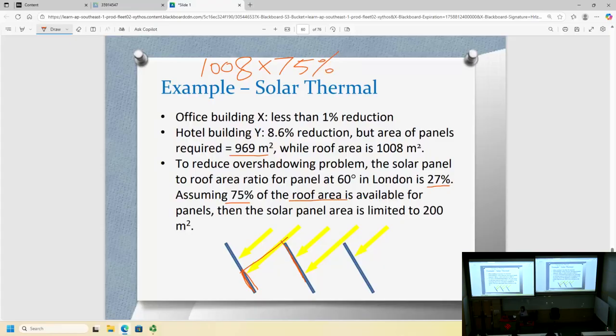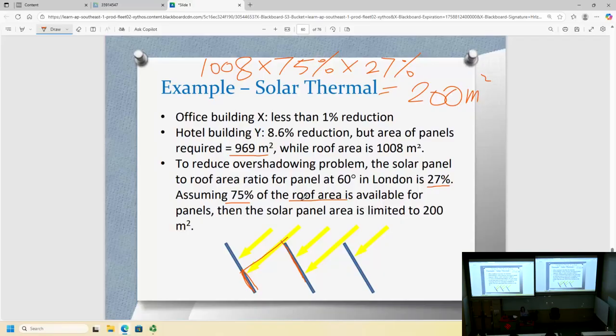And because of the overshadowing problem, 27% of the area could be used for solar collector panel. So it will be around 200 square meter. So it means at most we can only install solar collector panel of 200 square meter large. So this is the maximum area.